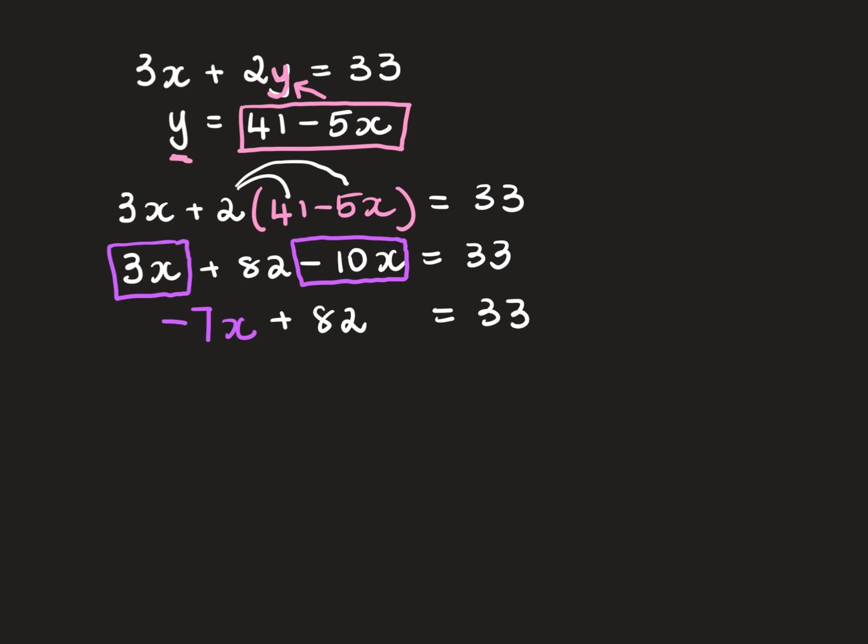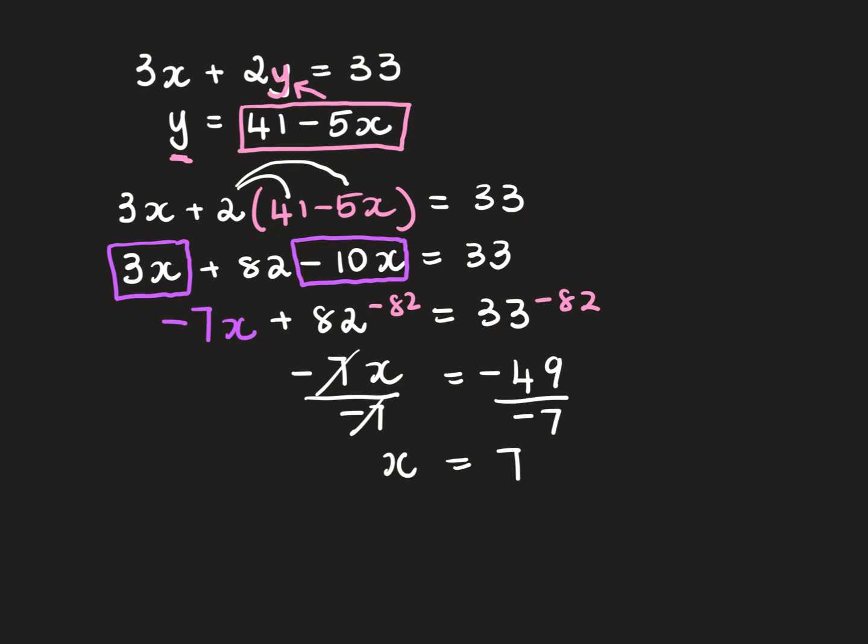What do I do next? Well, I'm going to subtract 82 from both sides. That gives me negative 49 over here. And here we have negative 7x. Negative 7x equals negative 49. Divide by negative 7. Cancel. X is equal to 7.